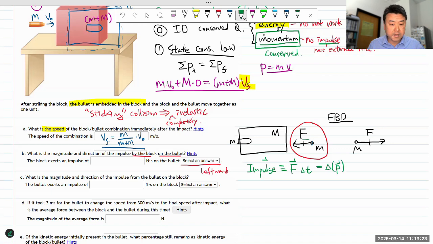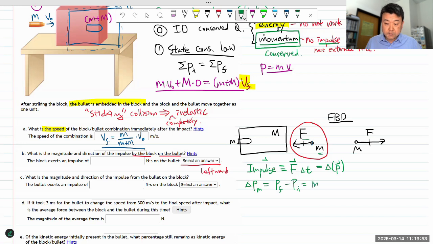So here you can figure out the change of momentum of the bullet. So the change of momentum of bullet of mass m is going to be its final momentum minus its initial momentum, which is its final speed. Let me write out the answer we had from A. Let me just keep it as a symbol, because as I plug in the numbers, I'll have a numerical value. I'll just remind myself to use that.